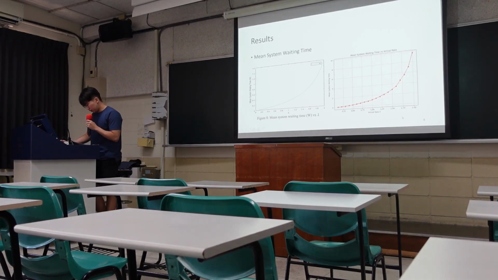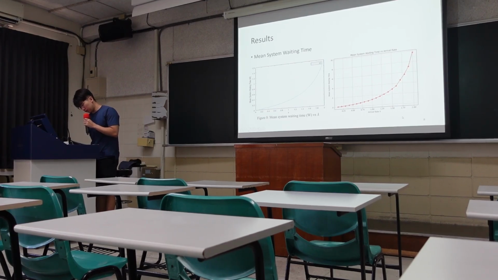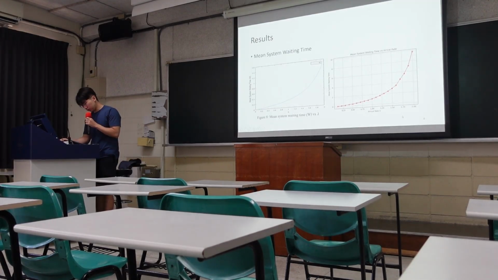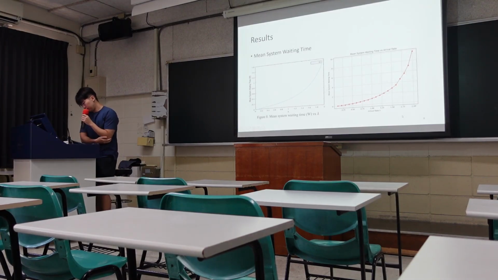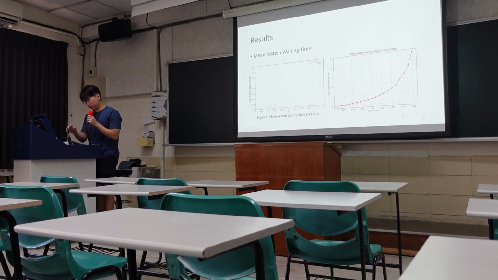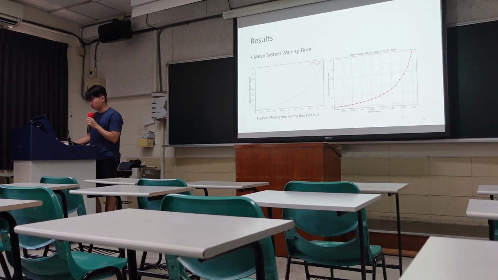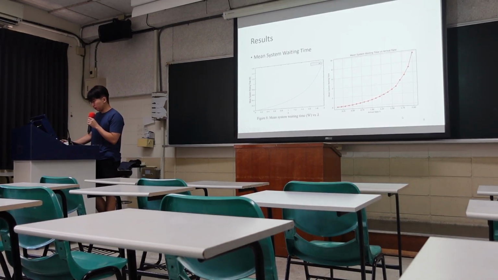And this slide presents the trend of the mean waiting time. From the graph, we can observe that as the arrival rate increases, the system's waiting time also increases significantly. The left side is the theoretical model, and the right side is my simulation data.